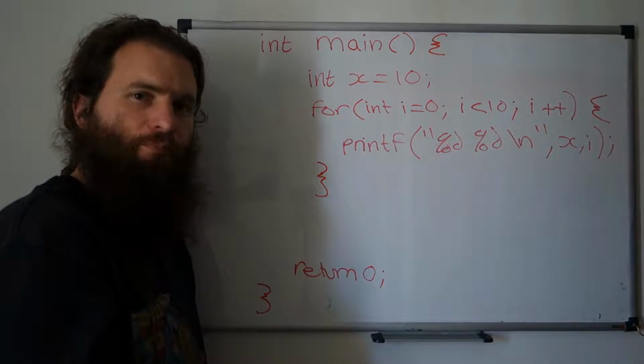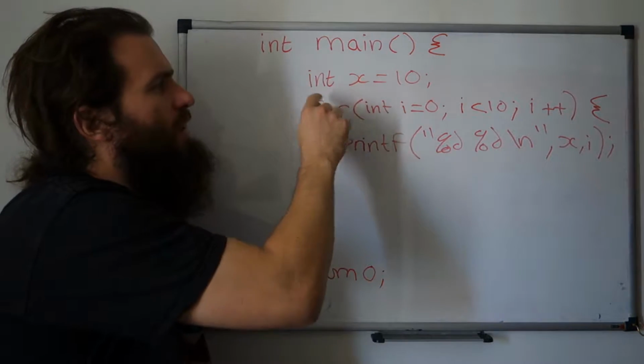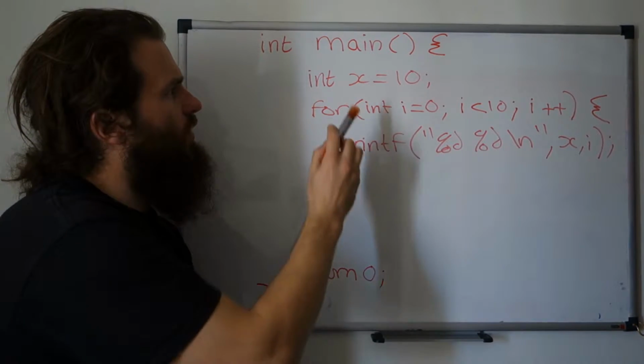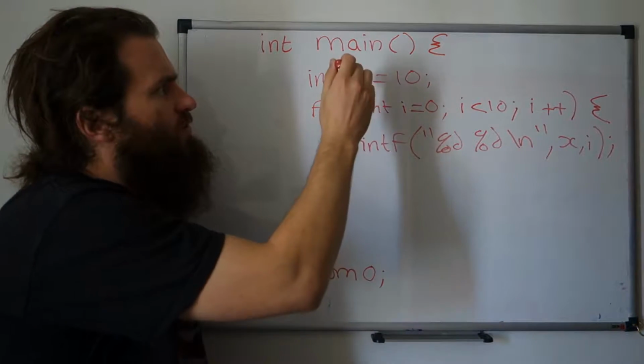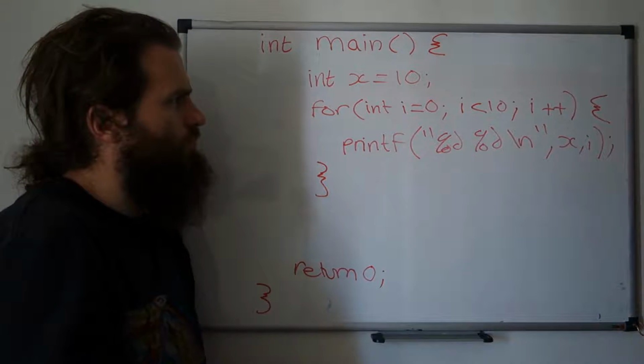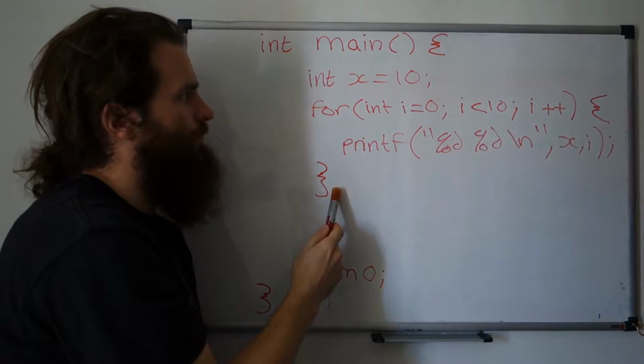When we declare them, they are visible, that is, usable, from any point after which they are declared. So if we declare x up here, it's visible to the rest of the main function until this closing brace. So it's also visible inside this block.